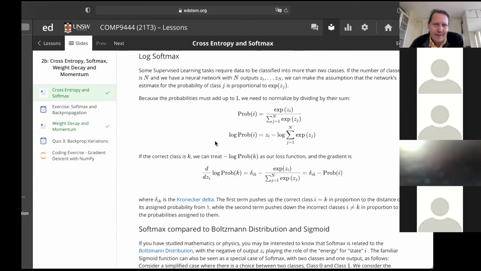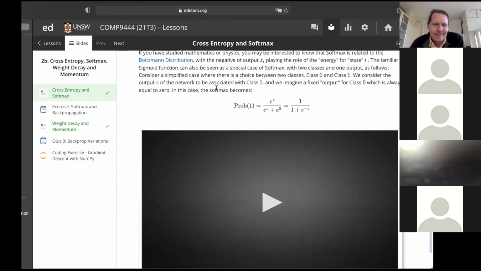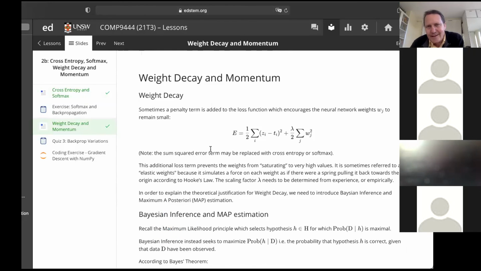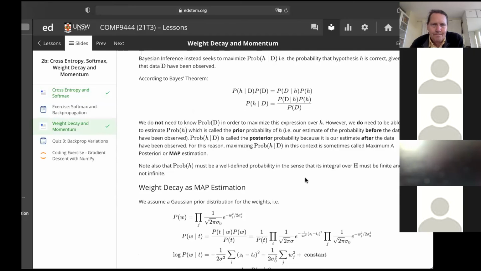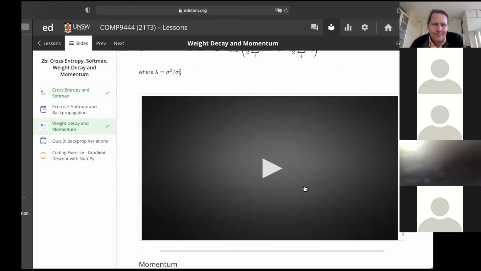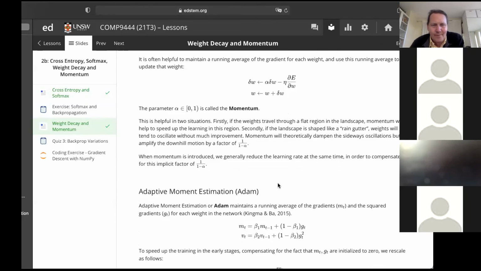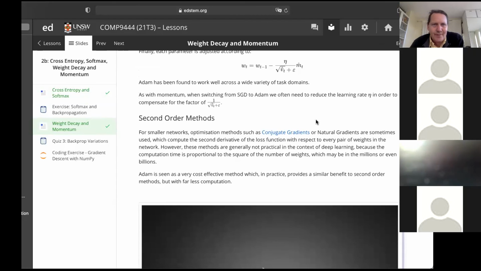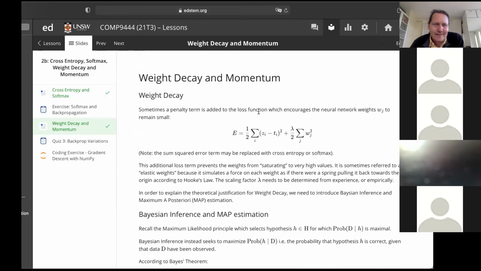Then we'll look at log softmax, then weight decay, and the derivation of weight decay using Bayes' theorem, and momentum, and adaptive moments. So try to have a look at that.